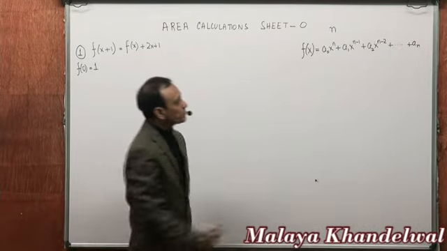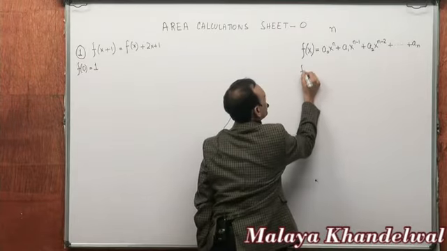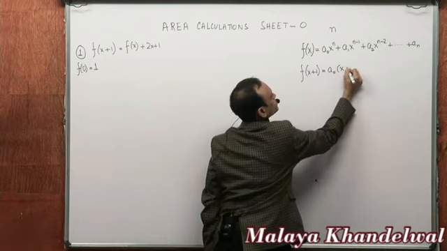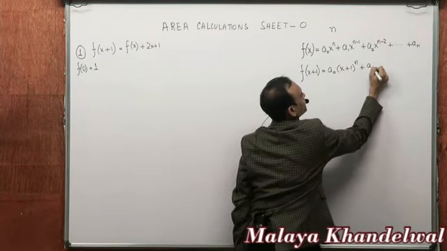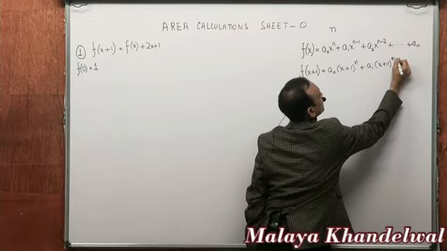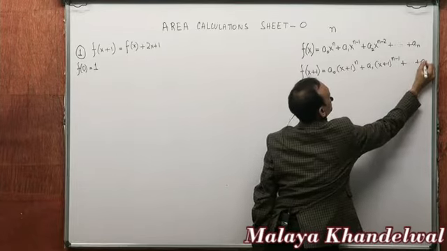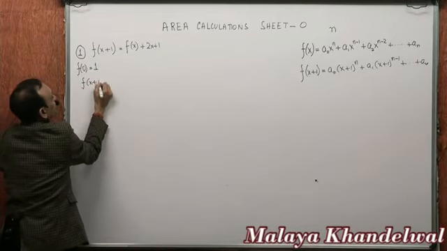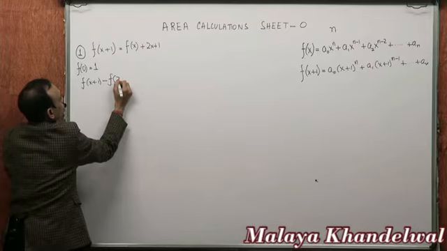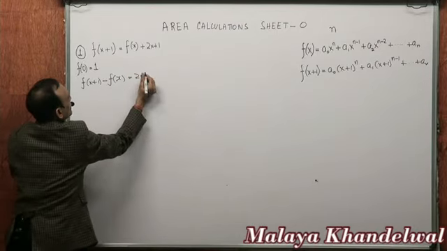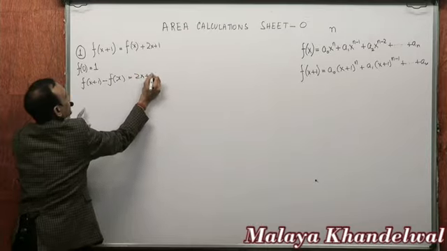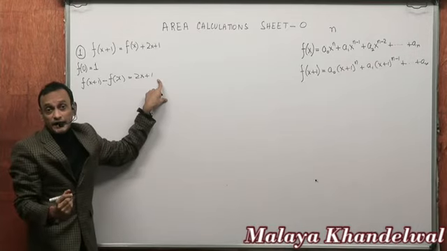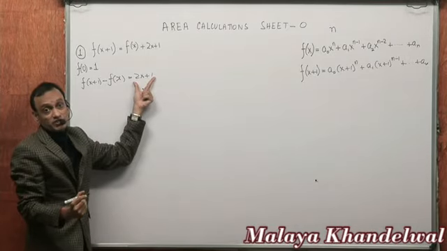That's f(x). What is f(x+1)? f(x+1) is like a0 (x+1)^n + a1 (x+1)^(n-1) + ... + an, right? Now let me look at the difference. f(x+1) - f(x) equals 2x+1. That means the polynomial should be such that f(x+1) - f(x) is linear in x, a polynomial of degree 1.